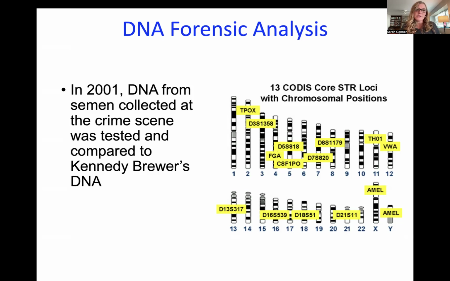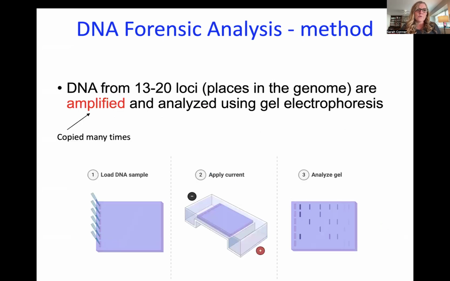So remember, this is in 2001, so they had only used 13 out of the 20 that are used now. And when they looked at the DNA, they used what we call gel electrophoresis. So they copied it a lot of times, loaded the DNA sample into the gel, and then applied a current.